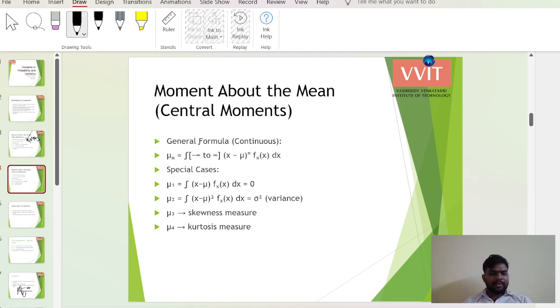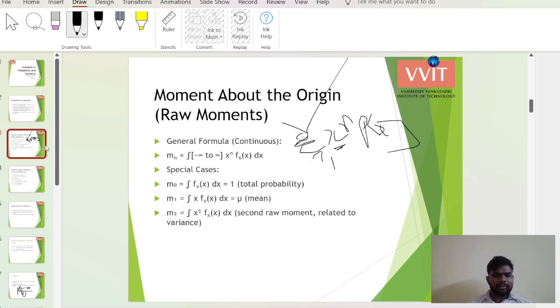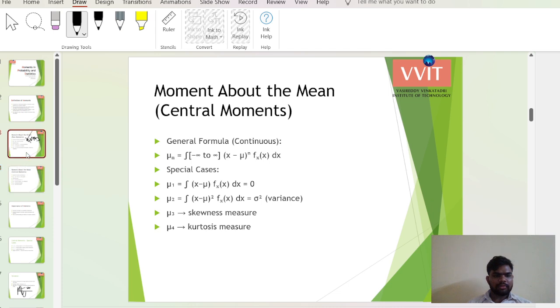They have a general formula for continuous: mu n is equal to the integral from minus infinity to infinity of x minus mu to the power n into f of x dx. These are the special cases. mu1 is equal to 0. mu2 is equal to variance.